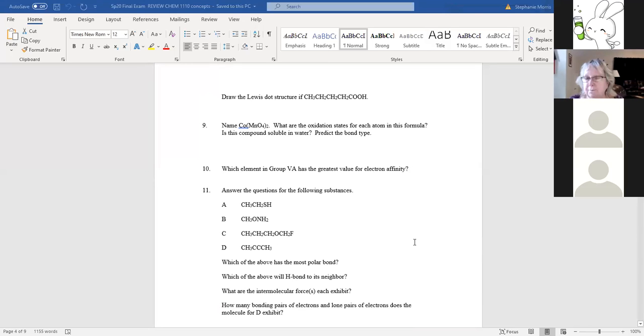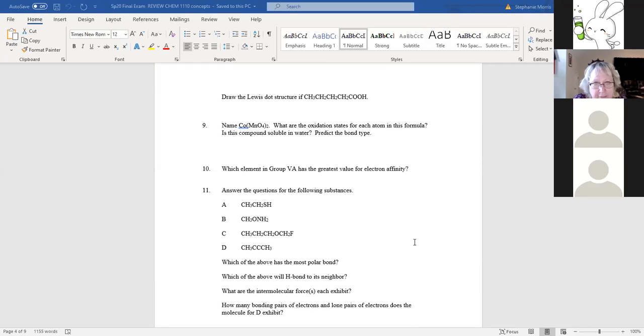On there, it asks which one can have an H bond with its neighbor. The only one is either B or C, correct? Because one has nitrogen and the other has fluorine. I'm glad you're bringing this up. The only one that can hydrogen bond is B, and here's why. Let me draw them.